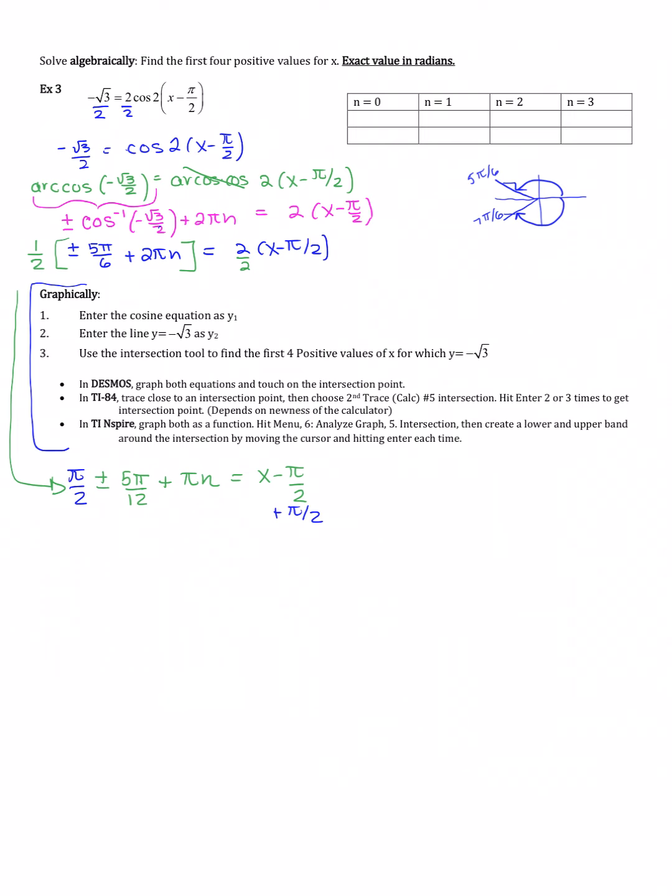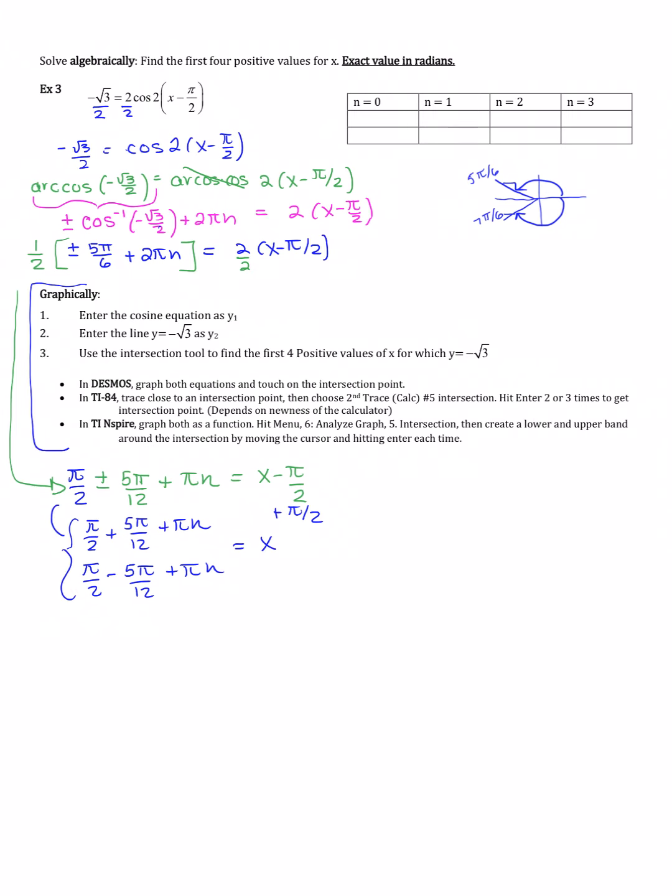So again, this breaks up into pi over 2 plus 5 pi over 12 plus pi n, and pi over 2 minus 5 pi over 12 plus pi n. All of that is going to equal x. So we want to put it together. Do not ever give me an answer like that. You do the addition.